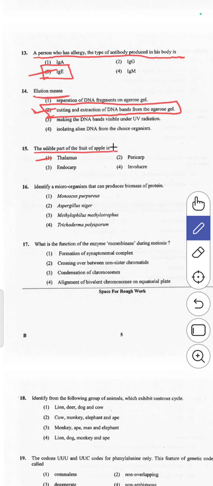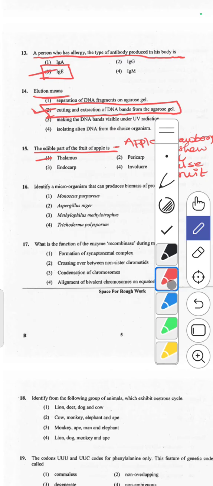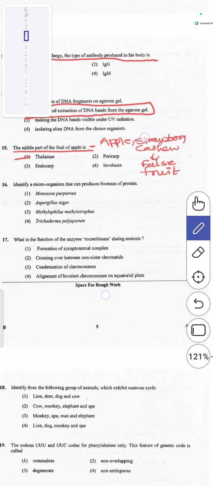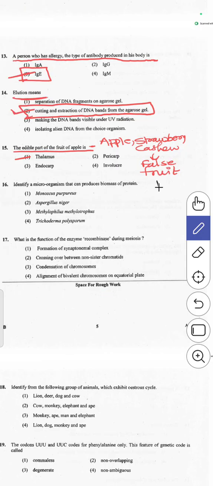So here apple, strawberry, cashew, these are the examples of false fruit, where the fruit is developed from the thalamus and also the ovary.